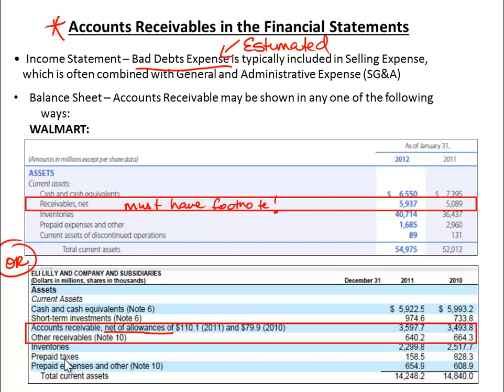We don't know exactly who won't pay us, because if we did, we would not sell to them on credit. So we have to estimate it in the year of sale. And we do that because we want to match all of our expenses with the revenue for the period. And so we're now going to start talking about bad debts and how we estimate them.